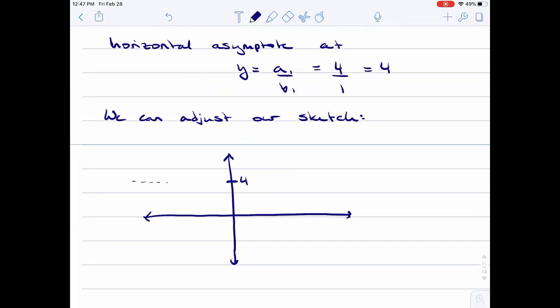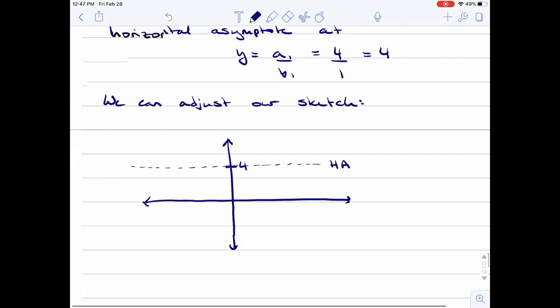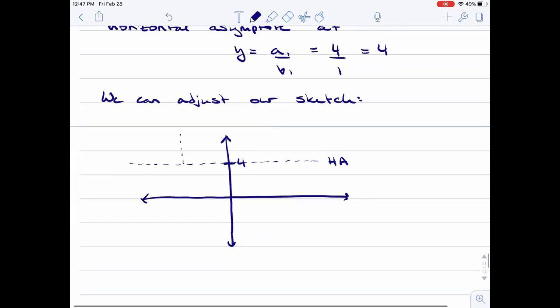Now I've got a horizontal asymptote, which we can call HA. And I also have a vertical asymptote somewhere here. Well, I guess I should move it over a bit, make it a little bit to scale at least, at x equals -2.